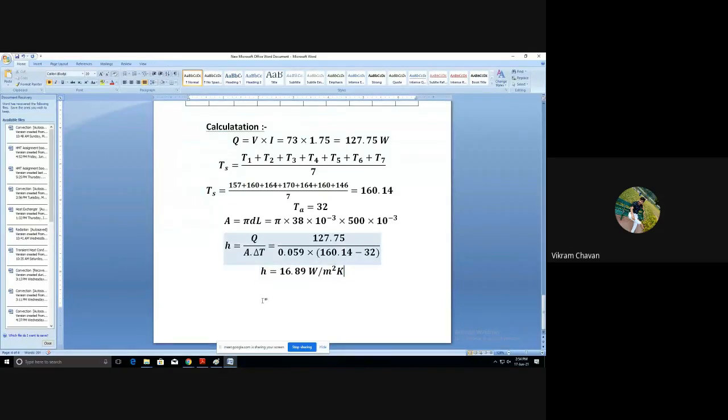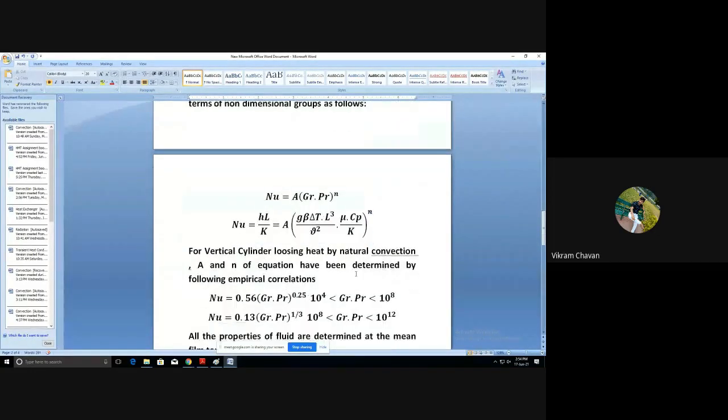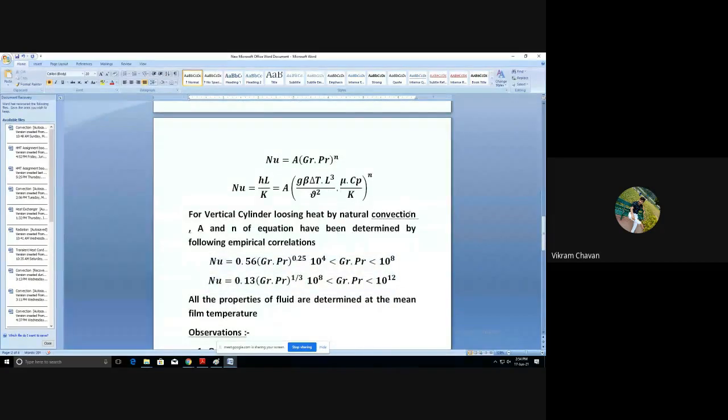Okay, 16.89. Now we have to find the h value by using dimensional analysis, and for that purpose we require formulas.